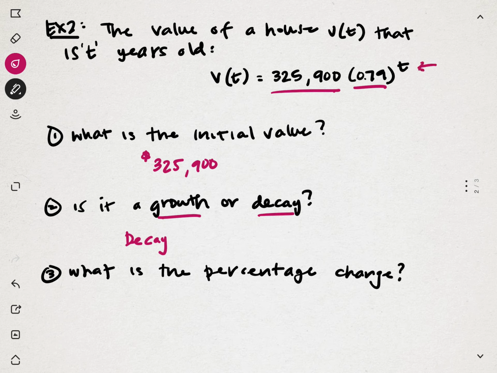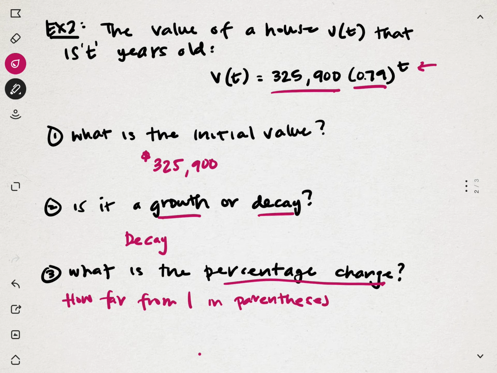Now, number 3 is asking us what is the percentage change. So percentage change is a little bit tricky. Percentage change means how far from 1 in the parentheses. So 0.79, how much would it take for us to get to 1? How would we find that?